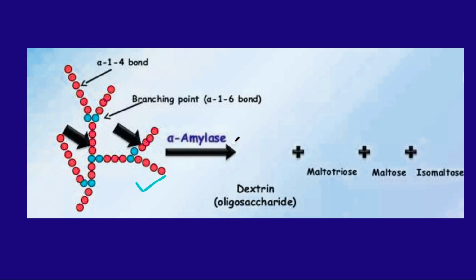This starch is acting with the enzyme called alpha amylase. This enzyme will break down the alpha 1,4 bond. The amylase will form the end products: dextrin, maltose, isomaltose and maltotriose. These are the end products in the mouth.